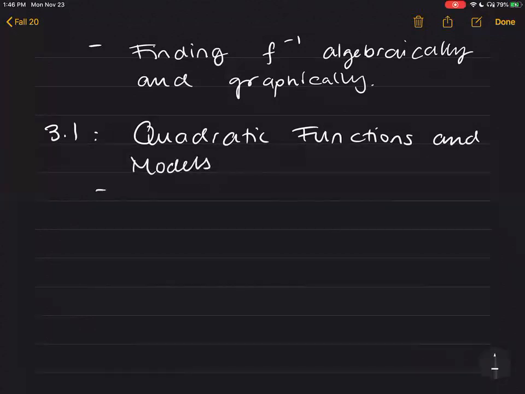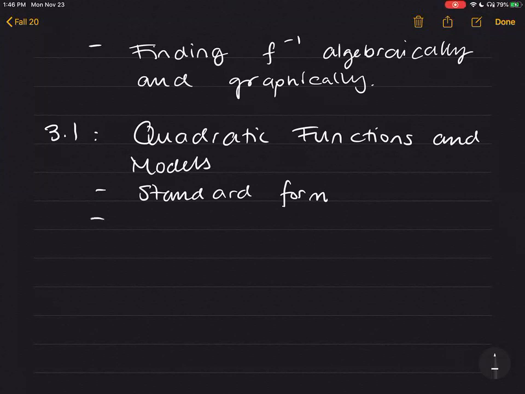And in that section, we talked about standard form, which I did not do a very good job at all of explaining how to find the standard form of a parabola. I will re-explain this as soon as I finish this list.